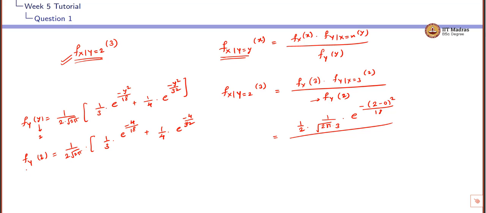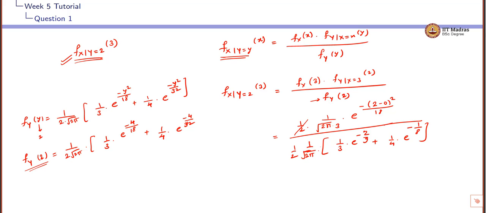So just substituting this value of fy of 2 in the denominator, we can write 1 upon root 2 pi into 2, like it's 1 by 2 into 1 by 3 e to the power minus 4 by 18, we can write as 2 by 9 plus 1 by 4 into e to the power minus 4 by 32, we can write 1 upon 8.